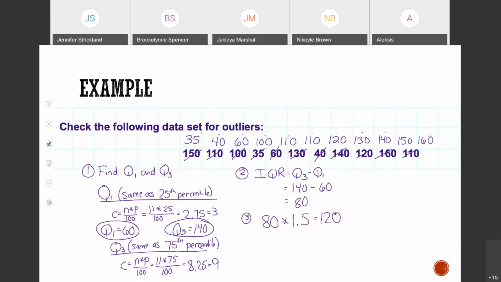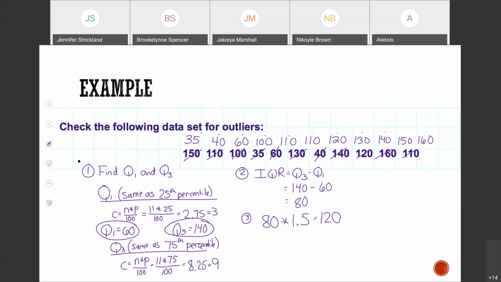Okay, so for the last step, we can go back and look at what it actually says, but I want to try to explain that last step to you just for a second. What we're trying to do is come up with a range of values where we can say, from here to here is not too high or too low.